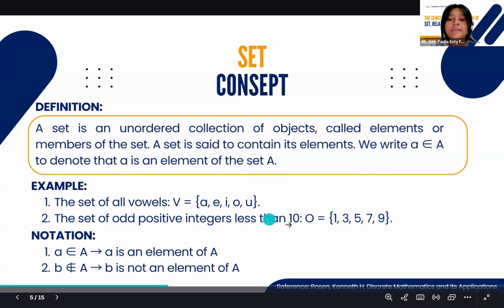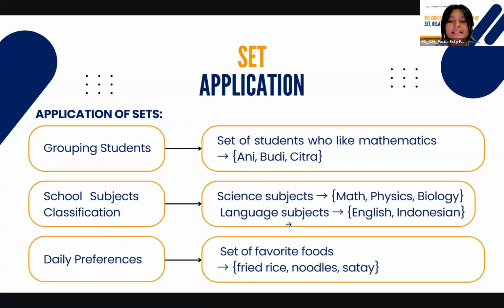Now, let's see the application of sets in daily life. For example, a set of students who like mathematics, a set of school subjects, and a set of favorite food. So, we can conclude that a set is a collection of elements, and we can find sets everywhere in our daily life.